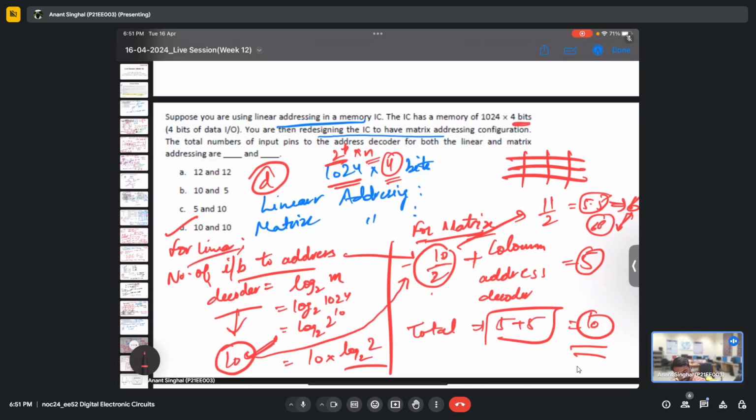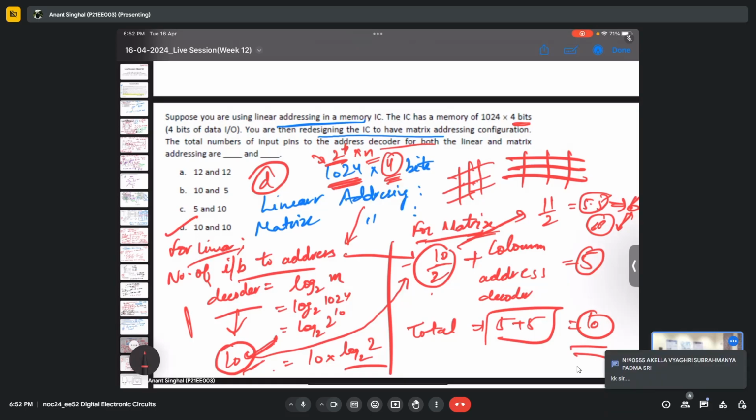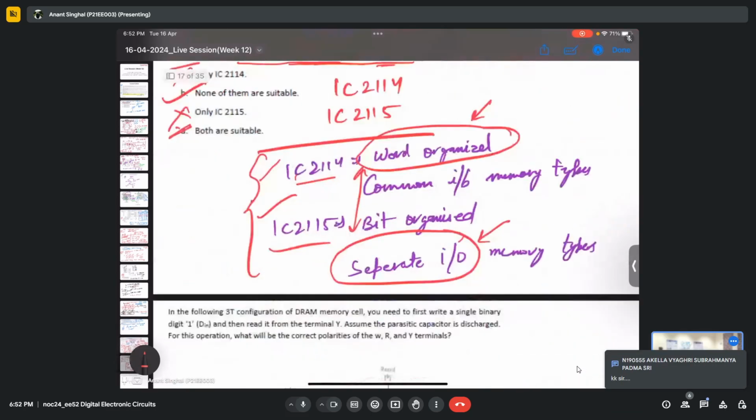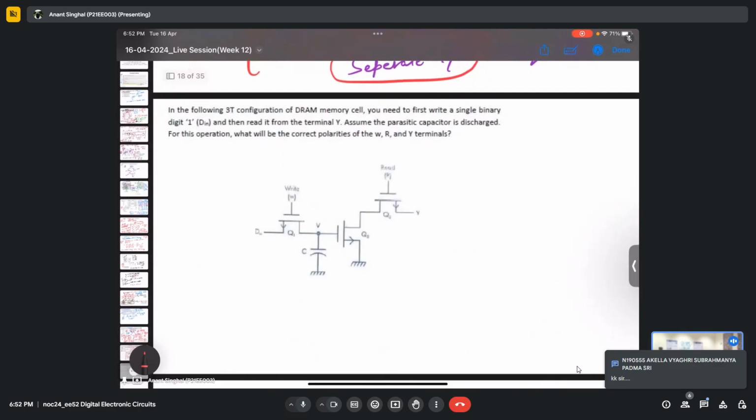For linear, we are not related to this, so even 8 will not affect this answer. But for matrix, it might affect because we have a different number of bits. For linear, it will remain the same because 1024 will require 10 address lines, the address decoders. In matrix we will have a crossbar array. So that will also not affect the answer. We can move further quickly.